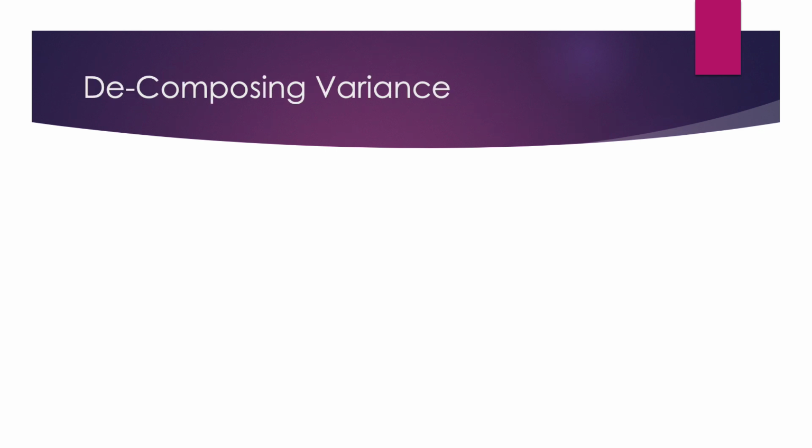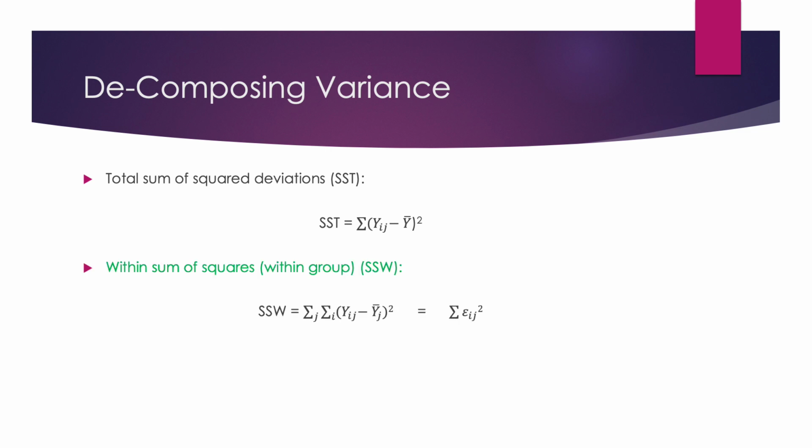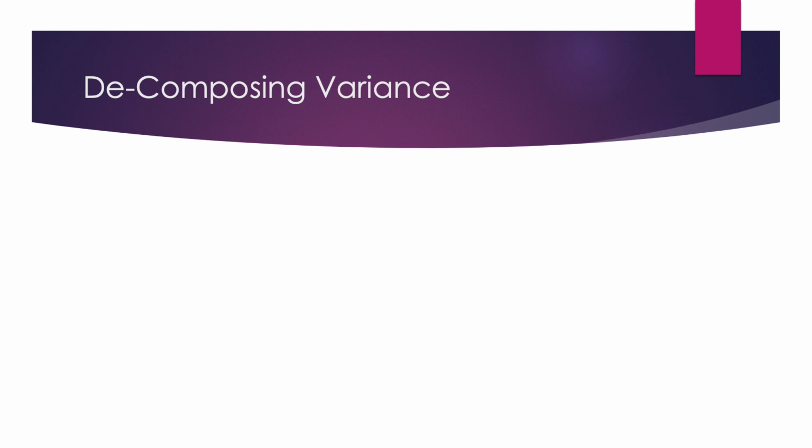So when we talk about decomposing the variance, what we're doing is taking the total sum of squared deviations given by this formula. We're getting the within sum of squares, or within group sum of squares. And we're going to take the between group sum of squares.